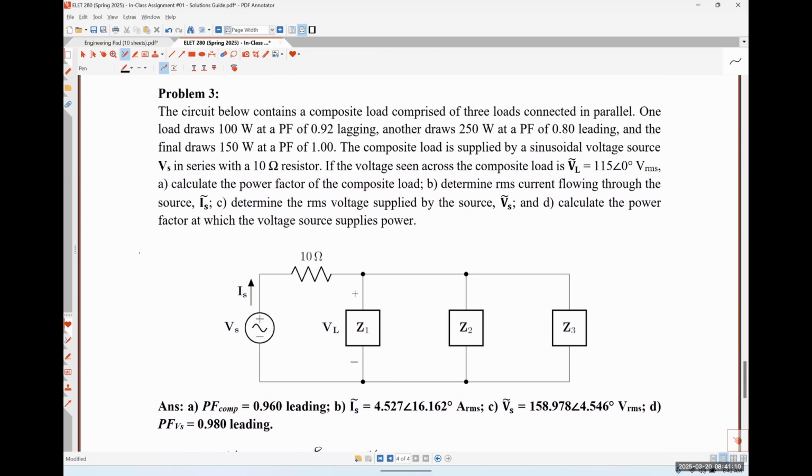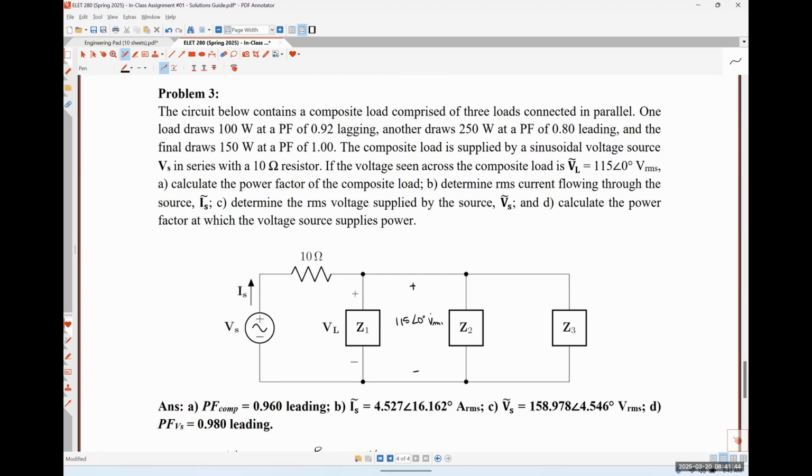So in part B, we are asked to determine the RMS current flowing through our source. We are told that the voltage drop across our composite load is 115 angle 0 degrees volts RMS, and we're trying to find our source current.